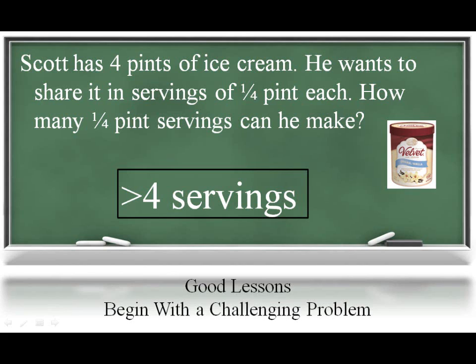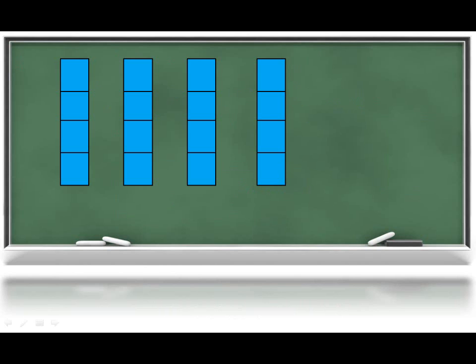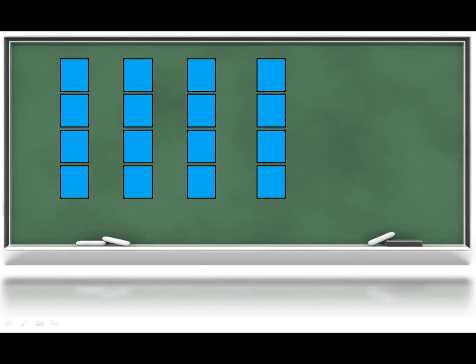Through the use of manipulatives, such as color tiles, students could create a model to show this scenario. 4 wholes, each split into fourths, would give us 16 groups of 1/4, or 16 servings.